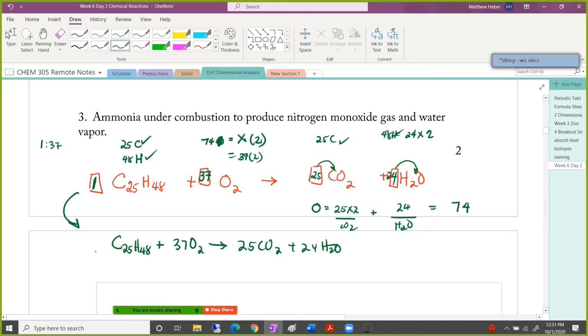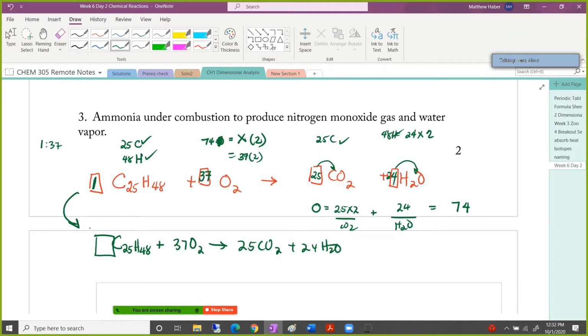Now in your lab this week, you're going to be asked to balance some equations. If there's any substance that has a coefficient of 1, please erase it. Even if you have a box in there, just leave it blank to indicate that you have 1; it's already implied that you have 1 of that molecule.